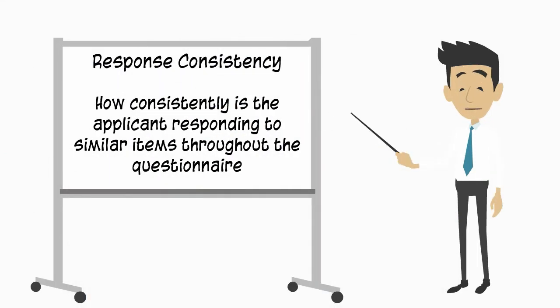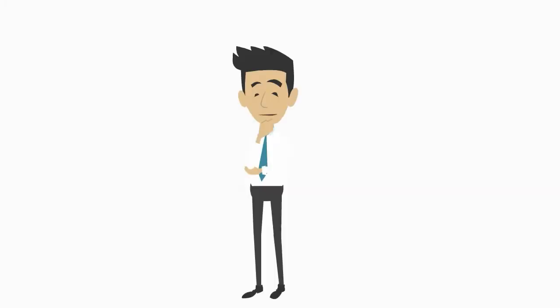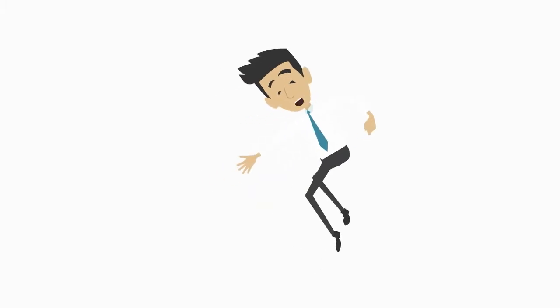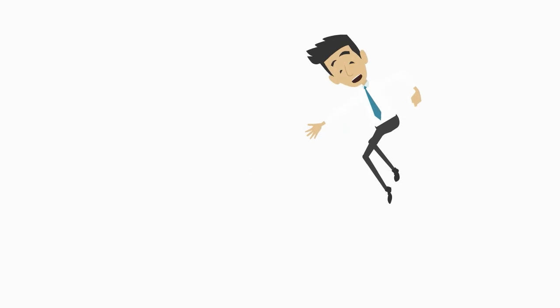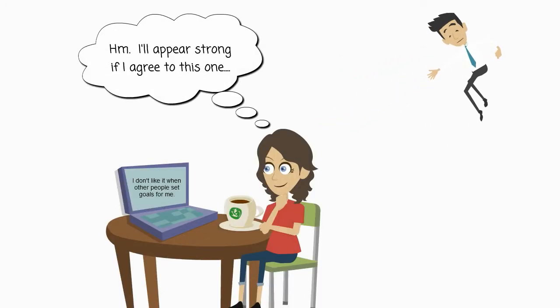Response consistency refers to how consistently the applicant is responding to similar items throughout the questionnaire. Let's see if I can more clearly illustrate response consistency for you. To do so, let's eavesdrop on Sally as she completes the Work Styles questionnaire. So here's Sally, and you can see the item she's responding to there.